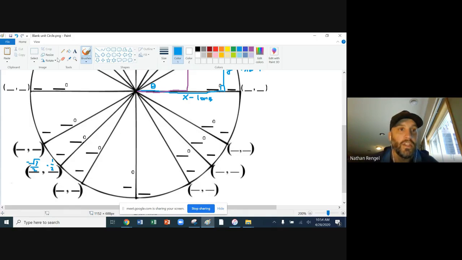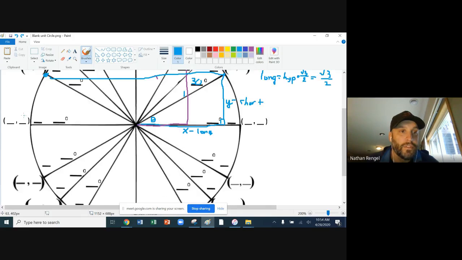I'm sorry. Let me slow down a little bit. So I should maybe draw this to help me out. There we go. And since we're in the third quadrant, we're going to go negative square root of 3 over 2 and negative 1/2.